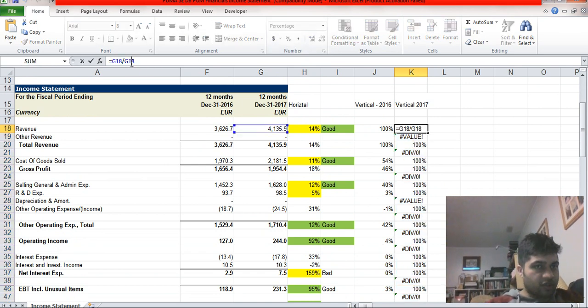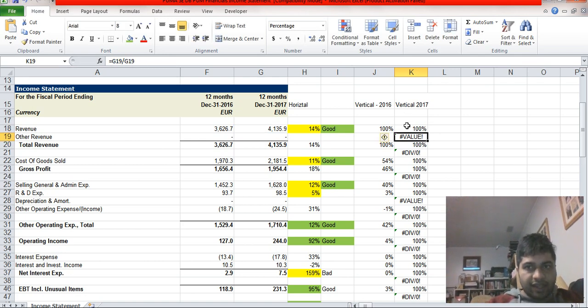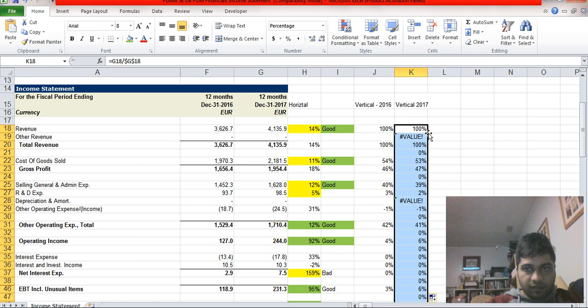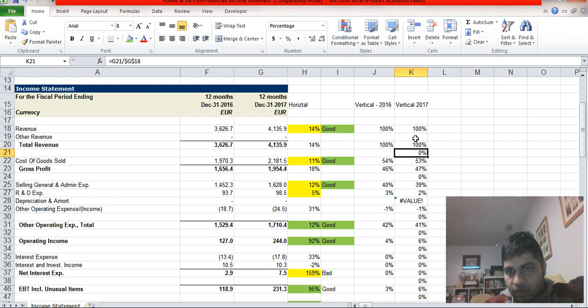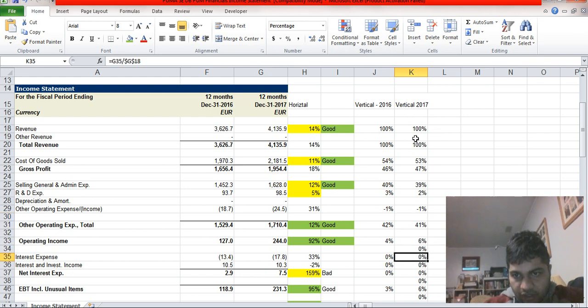Okay, I did not make it constant, so making it constant and then dragging it. Okay, cleaning the data. So this 0, this 0, this 0, this 0, here, here. This we don't need.